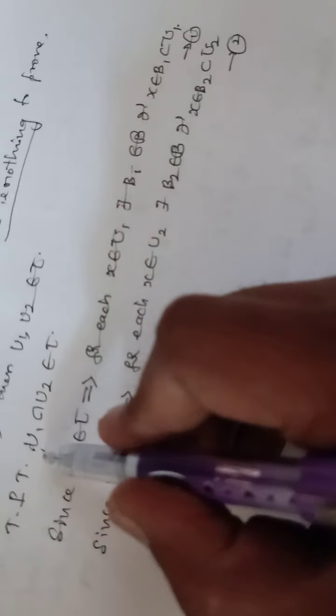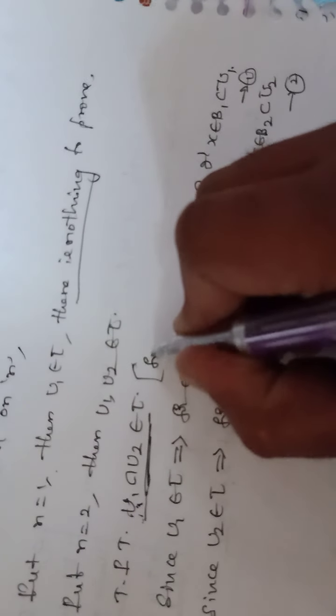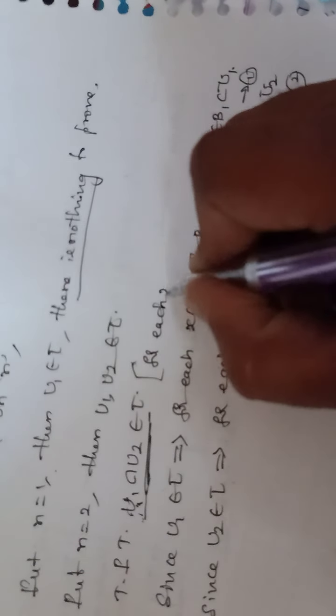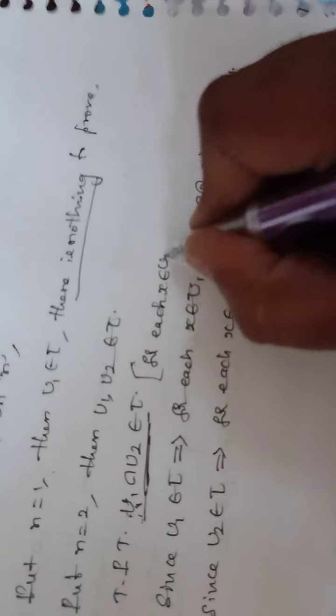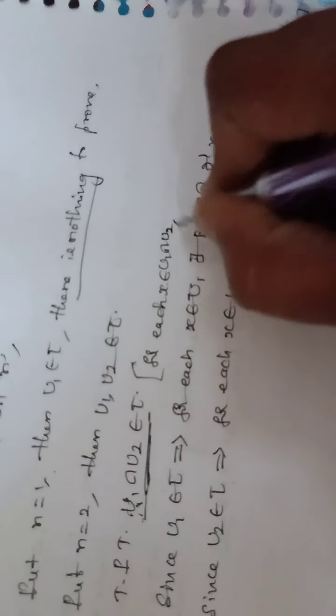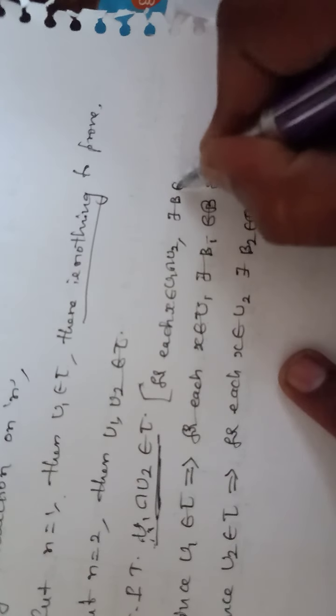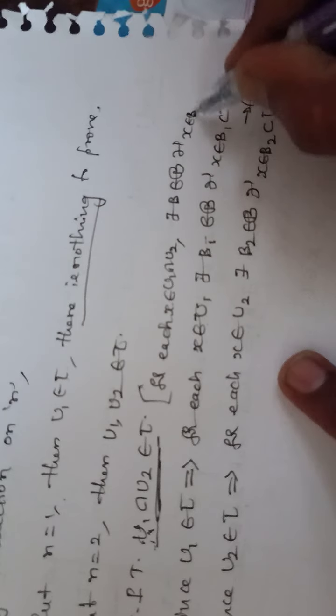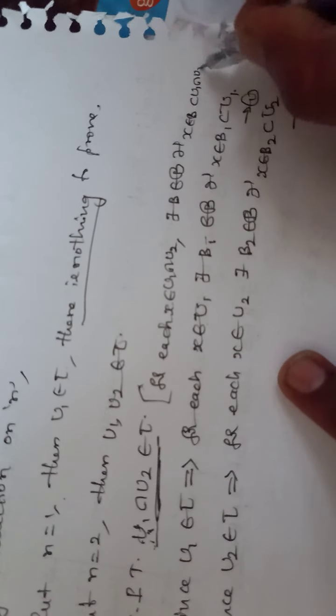Now our aim is to prove that u1 intersection u2 is in tau. To prove this, we need to prove that for each x belongs to u1 intersection u2, there exists b belongs to B such that x belongs to b which is contained in u1 intersection u2.